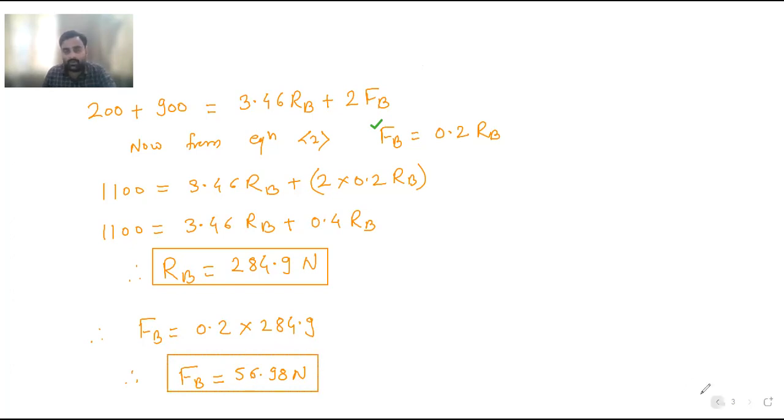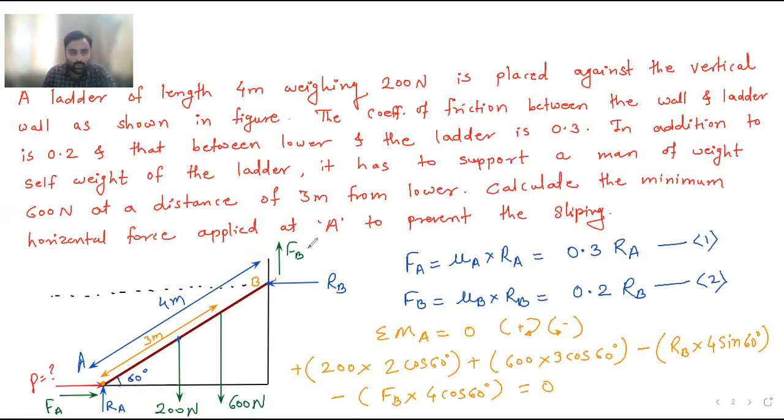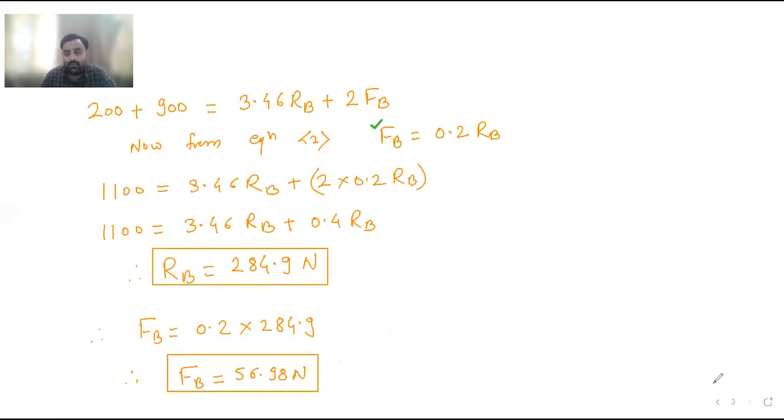Now we have got these two values. Now we know what is the value of FB and we know what is the value of RB. Now we have to find out what is the value of FA, what is the value of RA, and what is P. That we need to find out. So now we will apply summation Fy equal to 0.